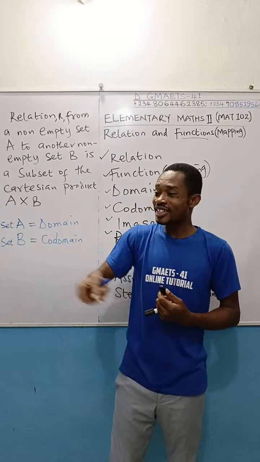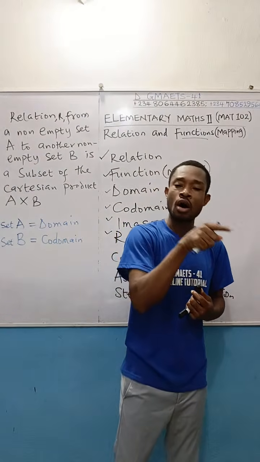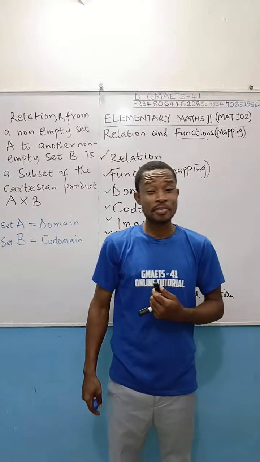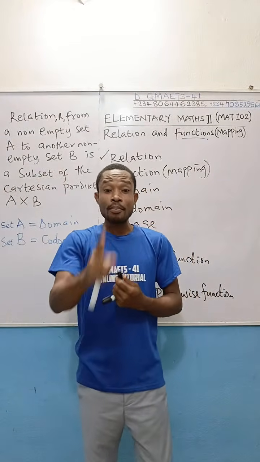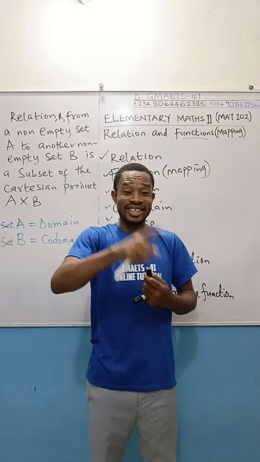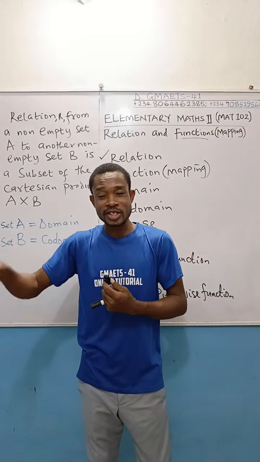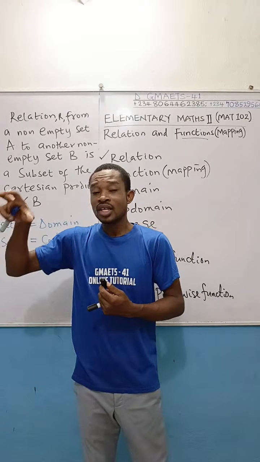And like I said, the element in set A can produce either some or all the elements in the codomain. I repeat that again. The element in set A can produce some or all the elements in set B, which means that domain, which is set A, as you are referring to, you can use X to represent it also.